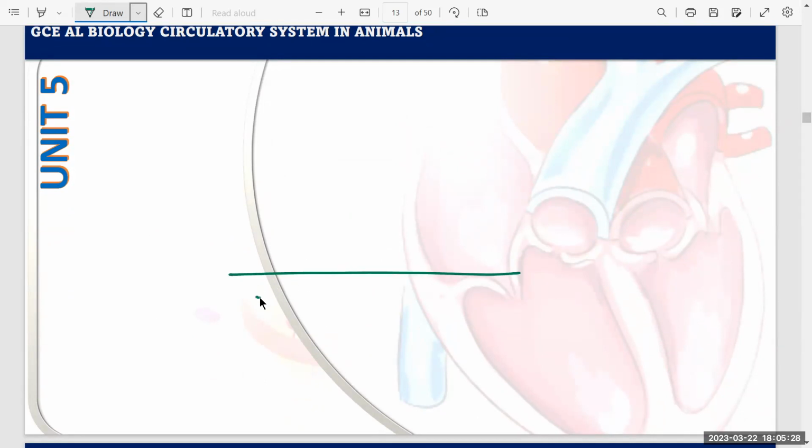This is the skin, this is a blood vessel. Now, the mosquito inserts this, the sting or the needle-like thing in the mouth.